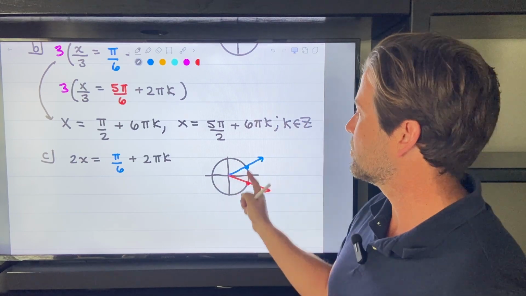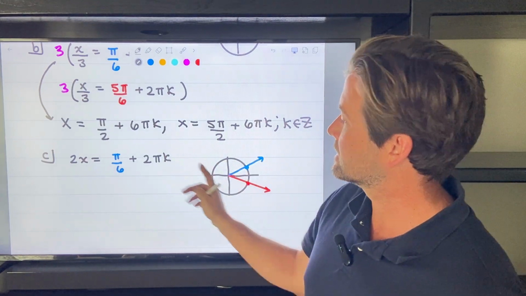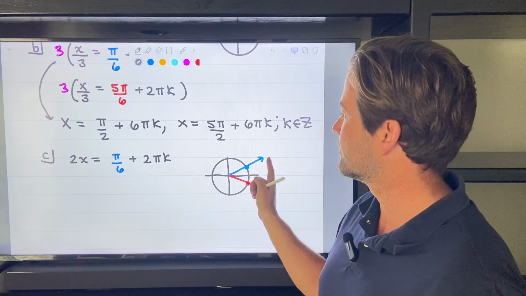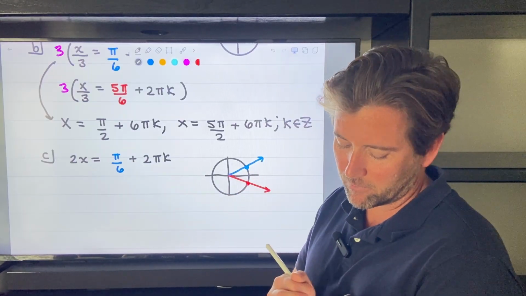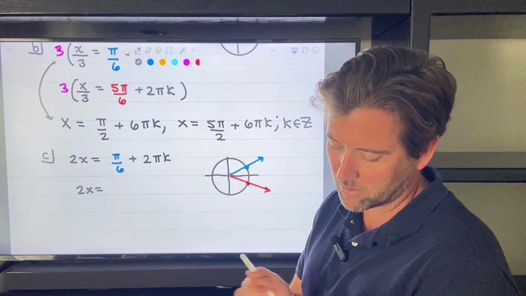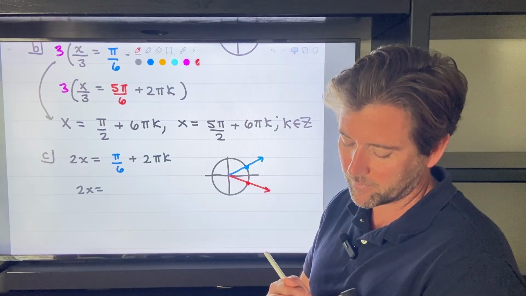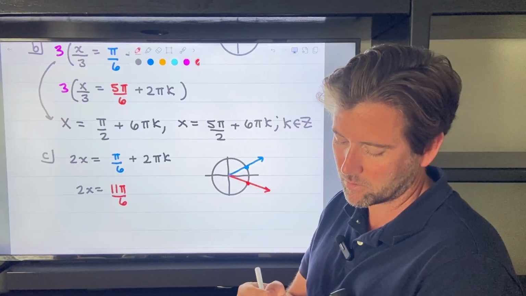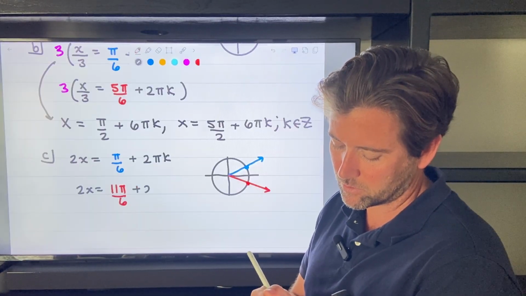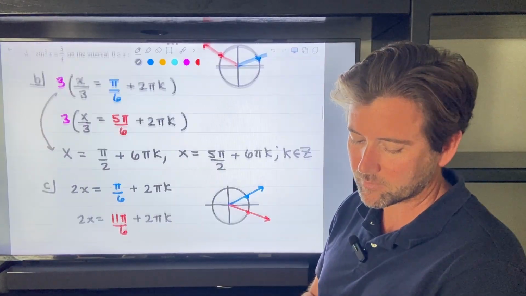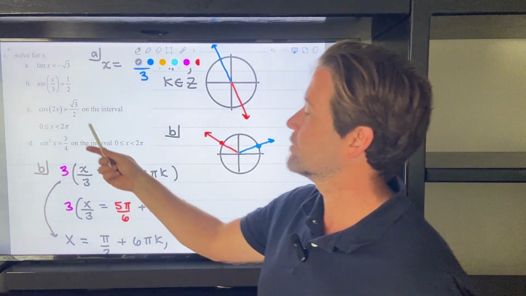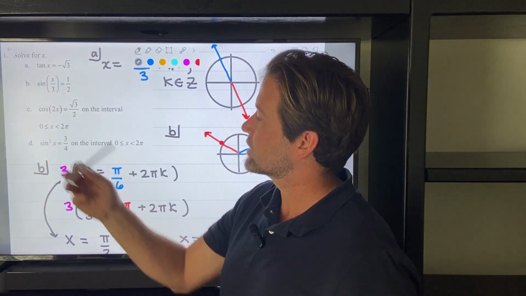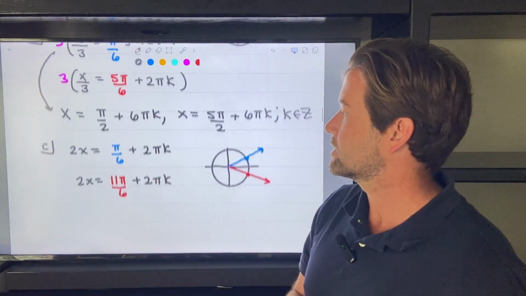We just keep adding multiples of 2 pi, or if k is negative, we're subtracting multiples of 2 pi to go around and around the circle. All right, now then we have 2x equals 11 pi over 6 plus 2 pi k. So we have this equation here. We just figured out all the angles that will make this statement true, but then we have a 2x. We have to go and solve for x here.